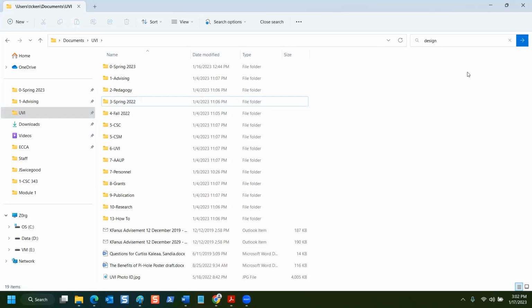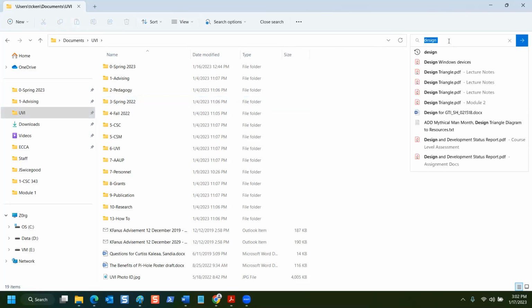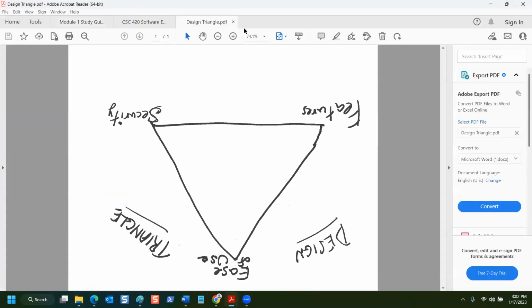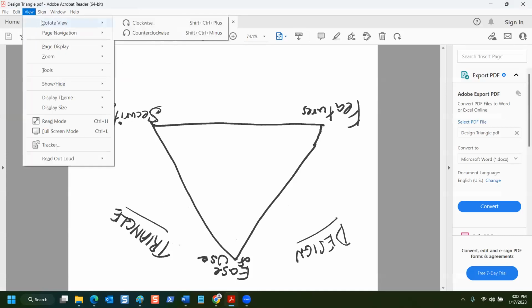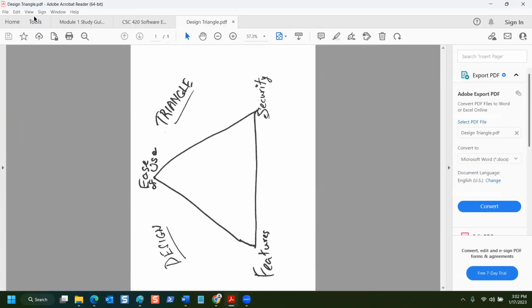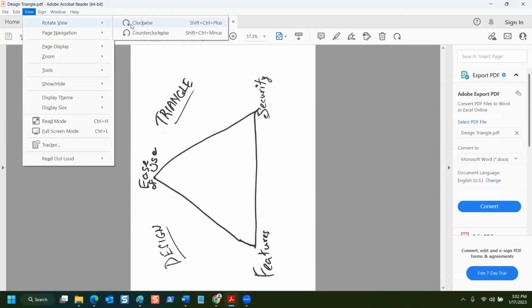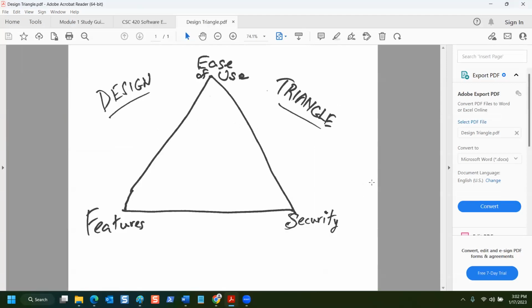Anybody remember operating systems? We talked about... Let's rotate this. Can everyone see this? Yeah, yeah.